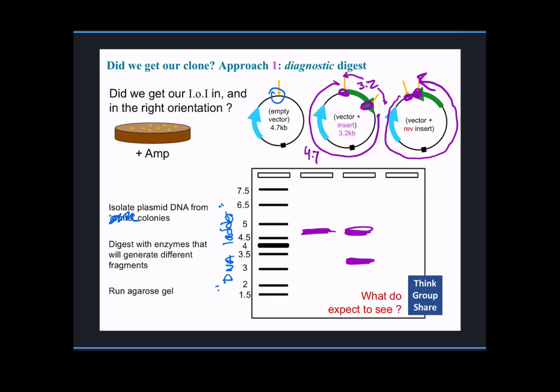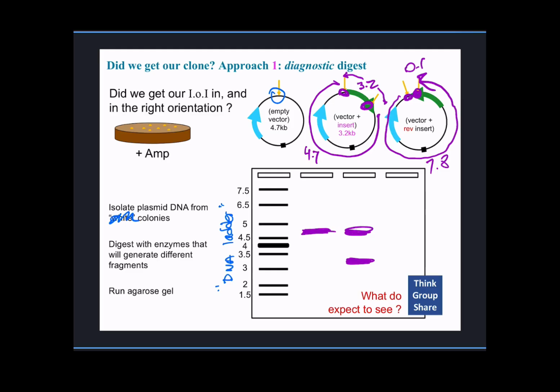So now, if the insert went in the wrong orientation, first, we will have a very long molecule that corresponds to the entirety of the vector plus the insert, and then whatever bit there is between those two sites. So for argument's sake, let's say that the 7.9 that we said before is 7.8 and 0.1 or something like that. Right?